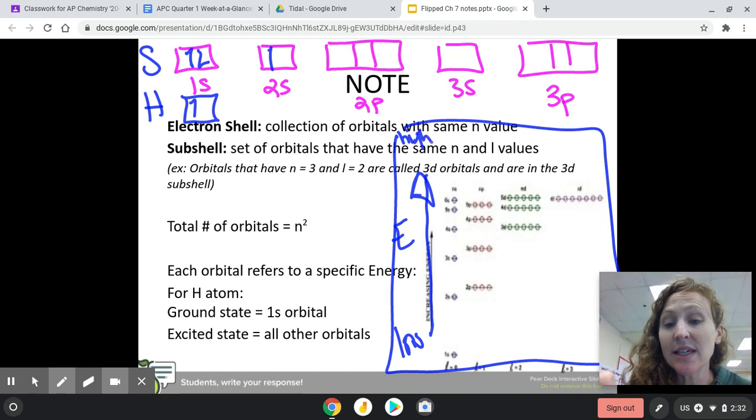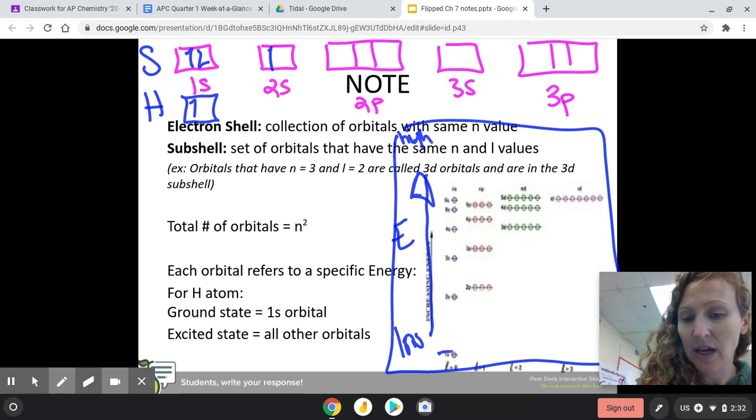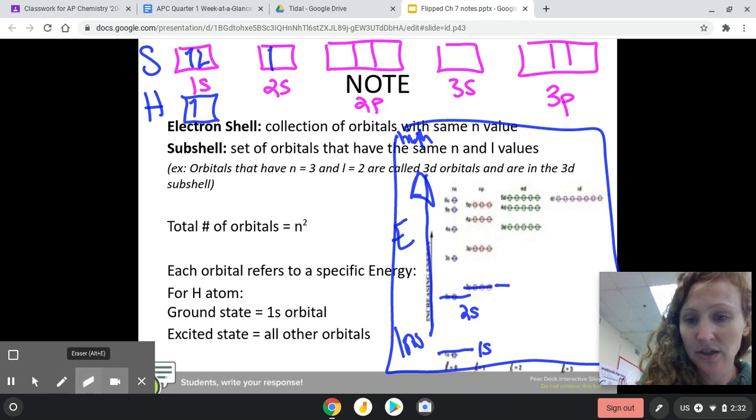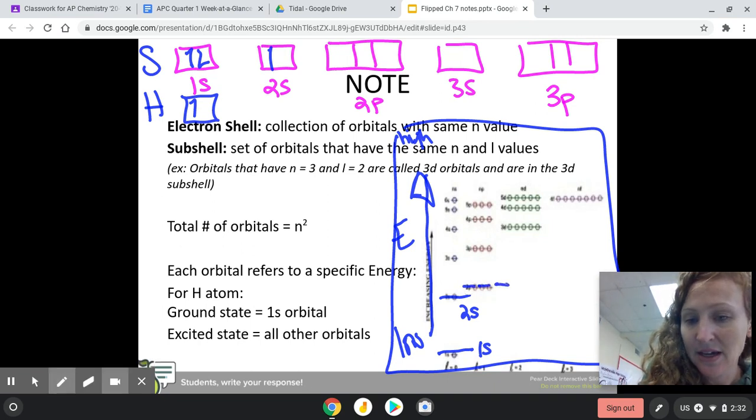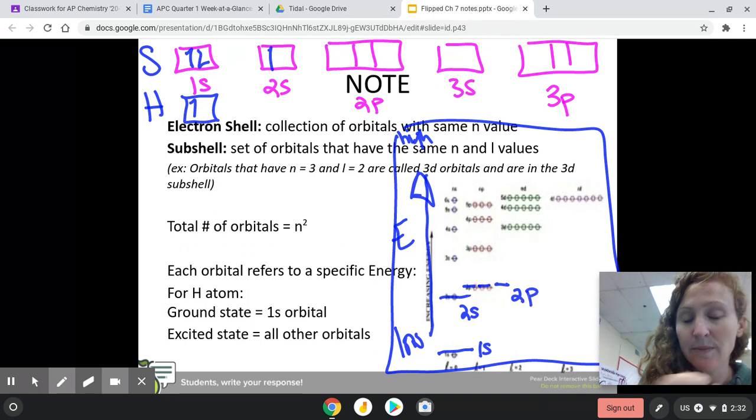And so you can see the exact same pattern, only they are ranked in terms of energy. So down here we have a 1s orbital, and then we have a 2s orbital. And then notice here this represents it with 3 dots. You can also do 3 lines, and that would be your 2p orbitals.